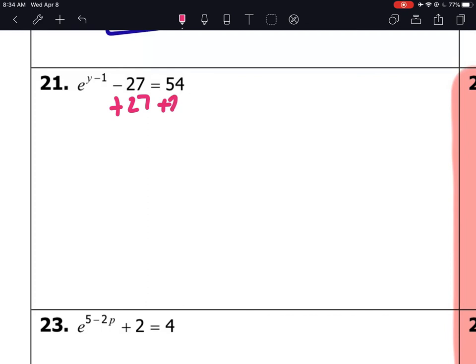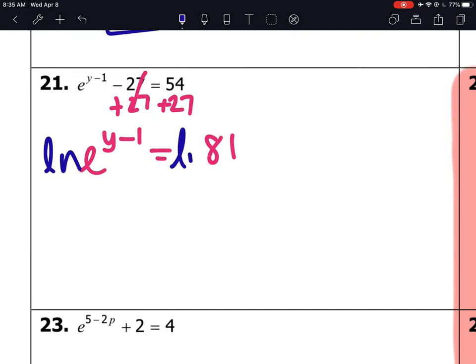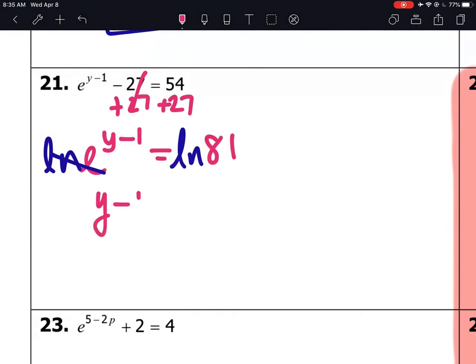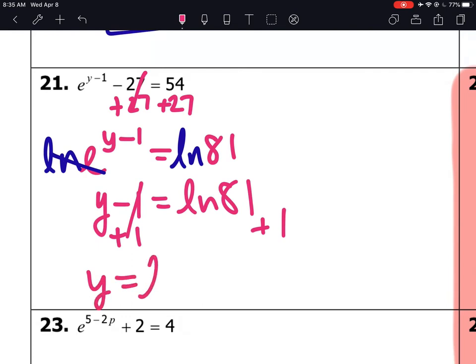All right, number 21. For 21, you're going to have to add 27 on both sides. If you do that, you will get 81. Then, since the e is there and I know I want to get rid of it, I'm going to do natural log of both sides. What's going to stay on the left side is y minus 1, and on the right side is just ln of 81.